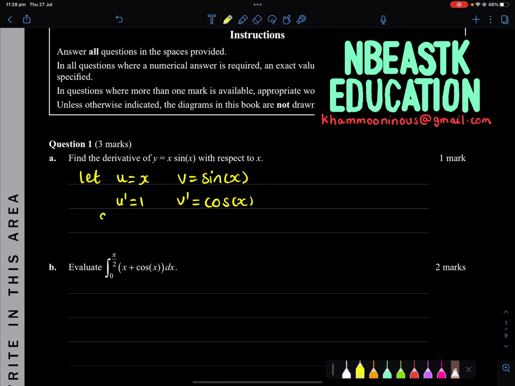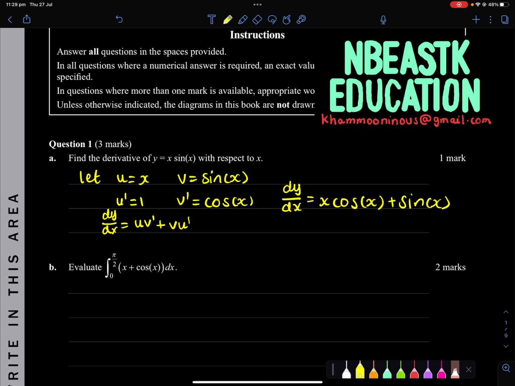Now, dy dx, your actual derivative, is equal to u v dash plus v u dash. So dy dx is equal to x cos x plus sine x. And that will be it for this one.